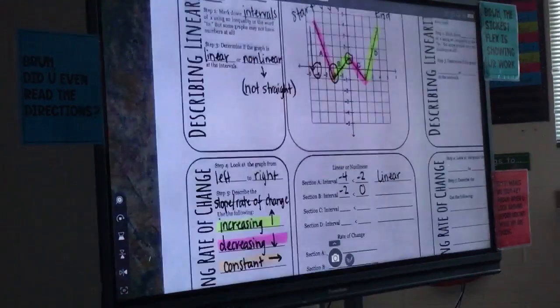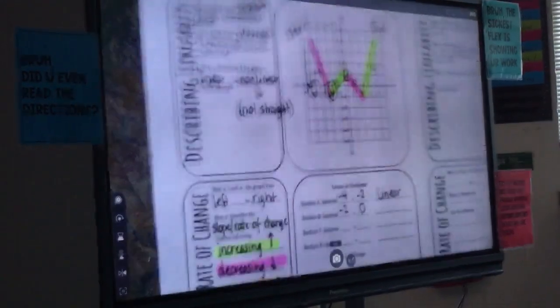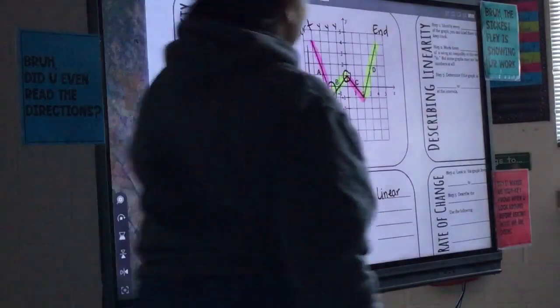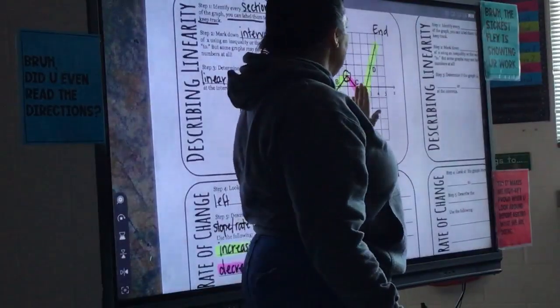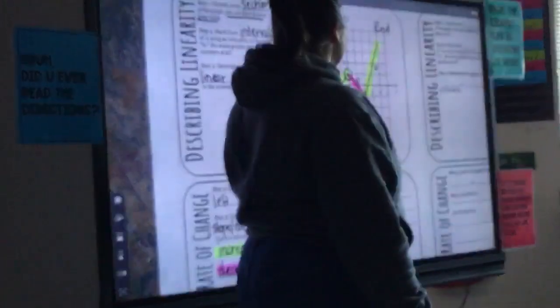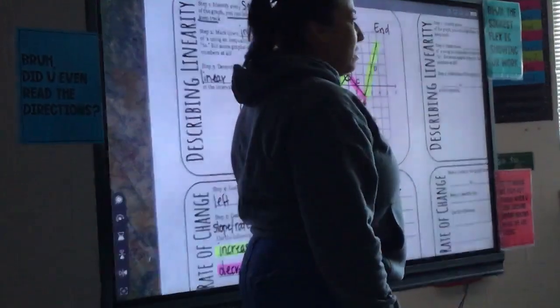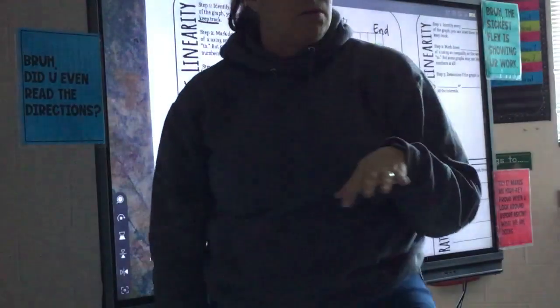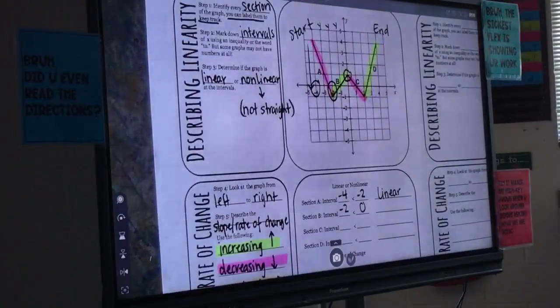So you're only looking at where it ends. So it started at -2 and it ended on 0. Does that make sense? Because we're only looking at the vertical lines right now. We're not looking at any of the X's. All right, is that a straight line? Yes. Last time I checked, it was a straight line. So then therefore it is linear.